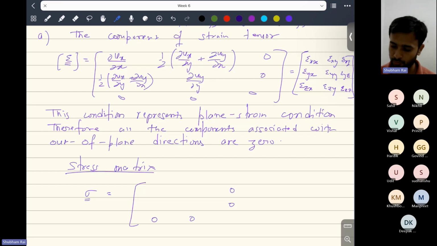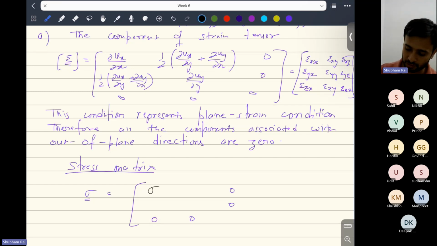All the out of plane shear stresses will be zero because there is a direct relation that tau xz is equal to G times gamma xz, tau xy is equal to G times gamma xy, tau yz is equal to G times gamma yz. Since gamma xz and gamma yz are zero, the corresponding stresses will also be zero.